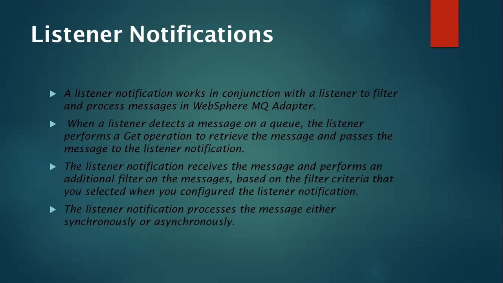When you come to asynchronous listener notifications, it creates a publishable document type. The publishable document type defines the structure of the document that includes the message header and message properties. At runtime, when the listener retrieves the message from the queue, it invokes the asynchronous notification, which publishes the document that has the structure defined by the publishable document type.